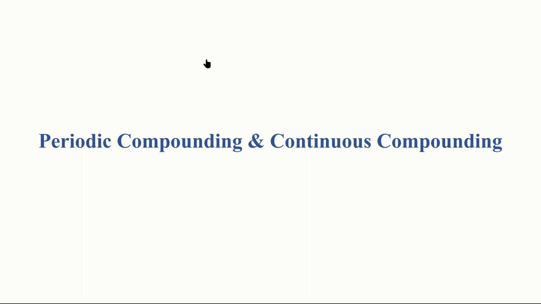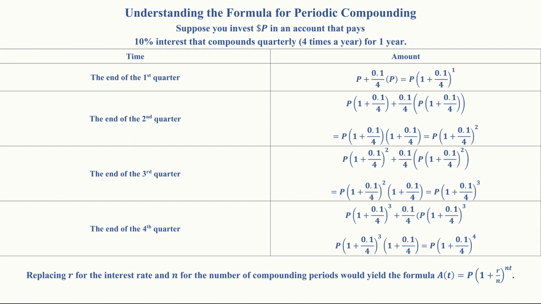Next, we want to take a closer look at periodic compounding and continuous compounding. The formula that we saw, the nice simple PERT formula, A of t equals P e to the rt, actually comes from the periodic compounding formula.